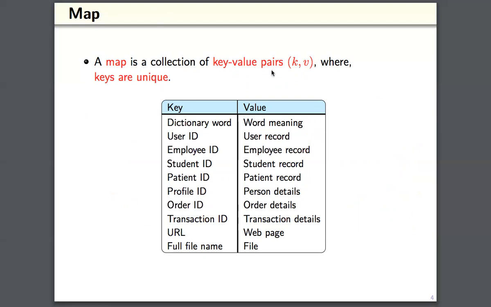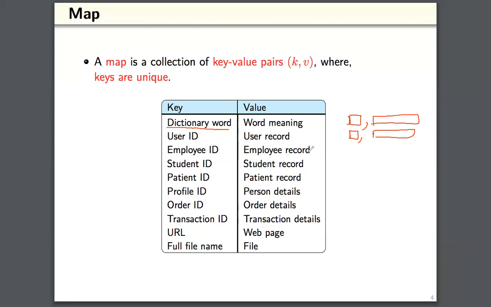Why do we care for these key-value pairs? Now look at this. A dictionary: you have the word, and you have the meaning of the word. It's a key-value pair. User ID, user record: key-value pair.